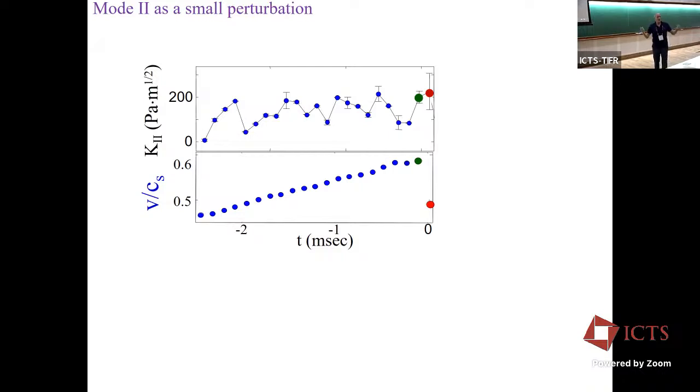Okay. So out of pure desperation, we decided, okay, let's just take the value of K2 at the point right before the bifurcation and plot it as a function of the velocity at which microbranching took place.